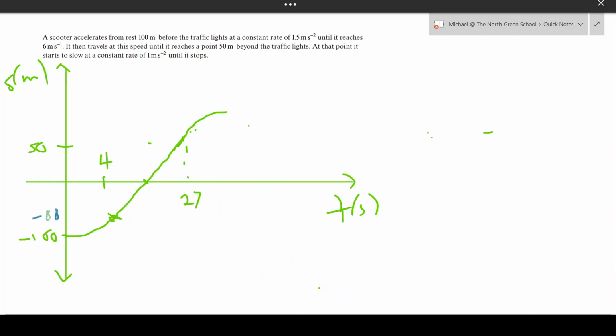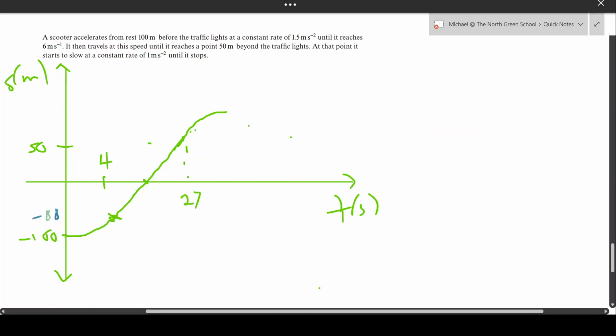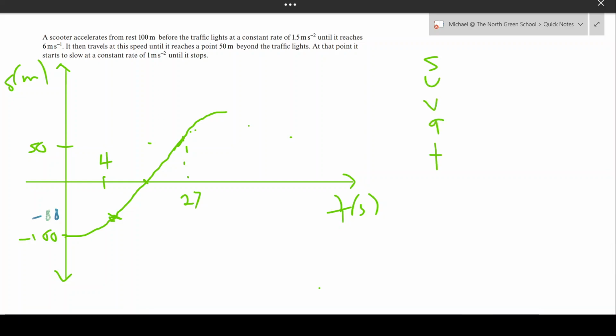For the decelerating section, we're going to use the SUVAT equations again. It slows down at a constant rate of 1 meter per second squared, so here we use -1 to show that it's slowing down until it stops. The final velocity needs to be 0. The initial velocity is the same velocity it was moving at constant speed, which was 6.